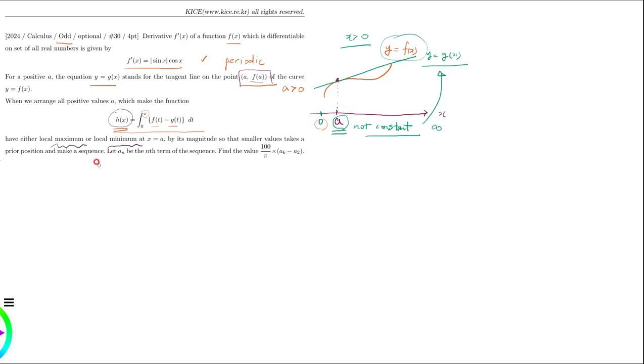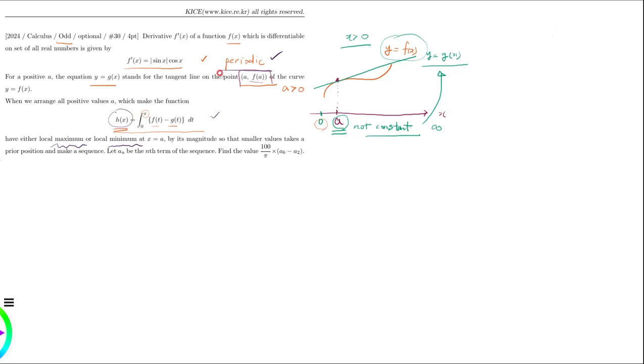We want it to have many solutions. It has many solutions because the original function is periodic, so this local maximum and local minimum should repeat. It has certain rules in it.